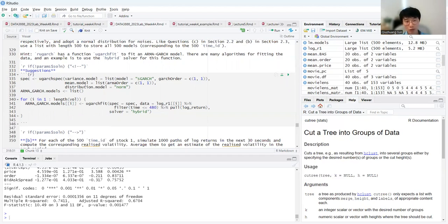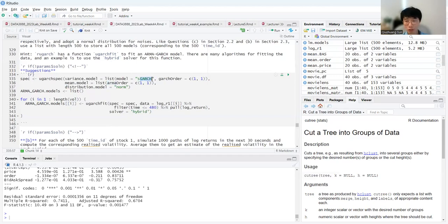In our lecture notes, the most basic one is the ARMA-GARCH model. The ARMA part is for the conditional mean, and the GARCH part is for the conditional variance. So I say the mean model here is just a basic ARMA model, and the variance model here, the s should mean standard, the simple GARCH model.